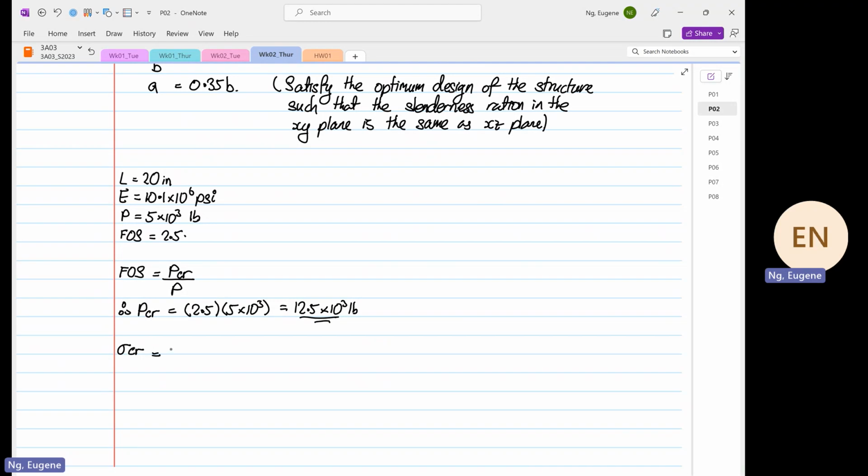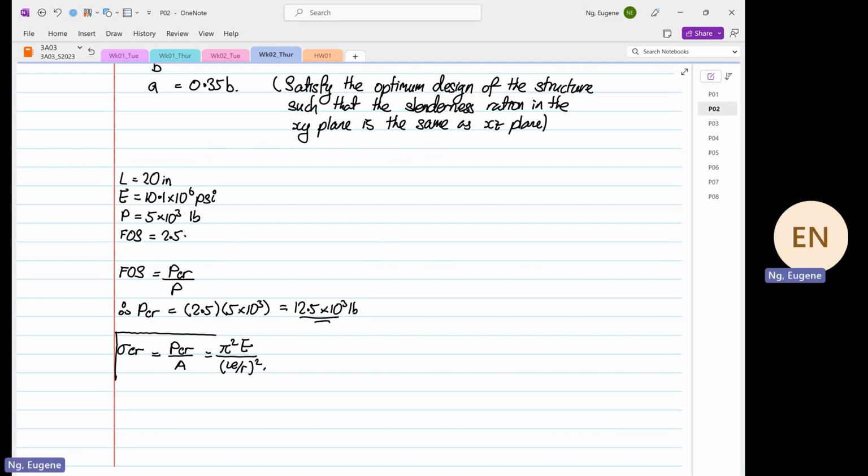Because now we know that we have our critical load divided by A, and this will be equal to pi squared E over our equivalent length divided by radius of gyration, squared. So this is the general formula that we're going to use.